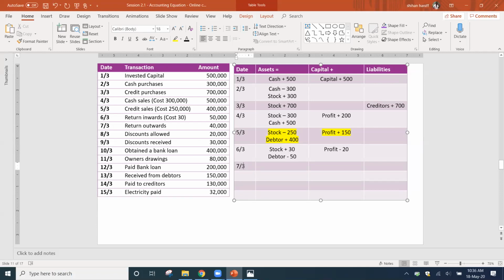7th March. Return outwards. We send stocks to the creditors, 40. Creditor will reduce by 40. 8th March.